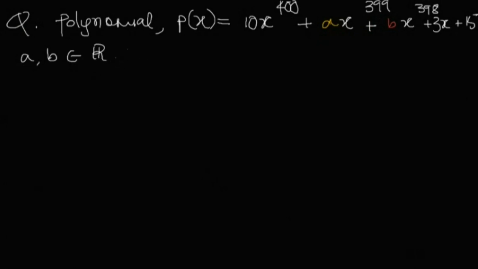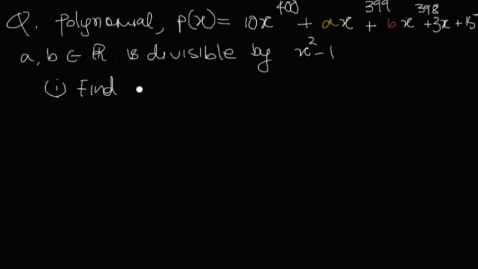It's given that this polynomial is divisible by another quadratic polynomial which is given by x^2 - 1. So the first problem is to find a, b.